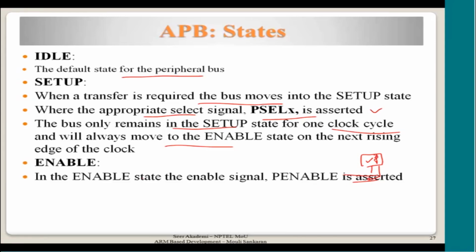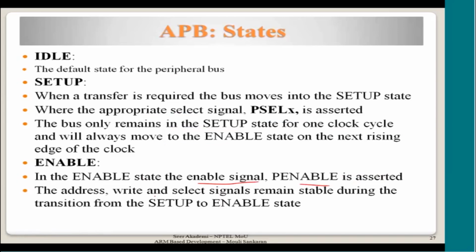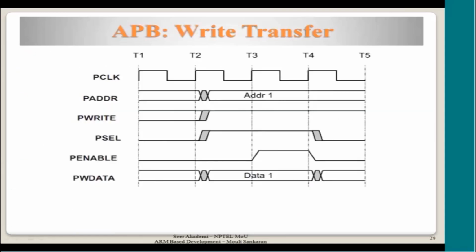So in the enable state, what happens? The enable signal PENABLE is asserted, and the address, write and select signals remain stable during the transition from setup to enable. So either the write or select signal will be active during that time. So this is a typical transaction over the APB bus.